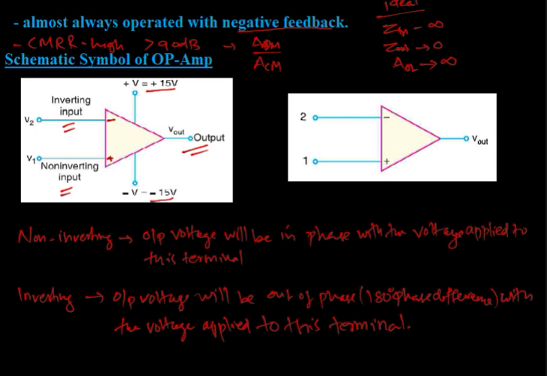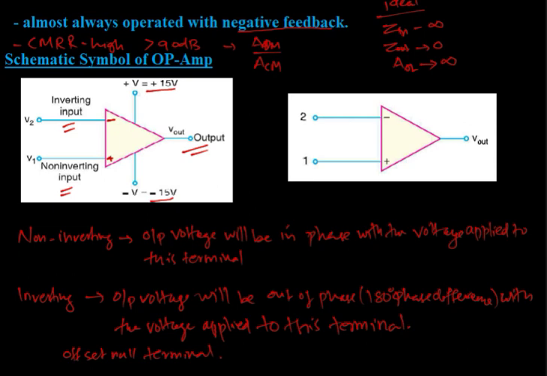Two more terminals are there which are not represented in the schematic symbol of an op amp, but they are the offset null terminals. These terminals are used when there is an output voltage even when the two input voltages are the same. Usually an operational amplifier amplifies the difference in the two input voltages. If the two input voltages are the same, then a perfect operational amplifier will not give any output voltage.